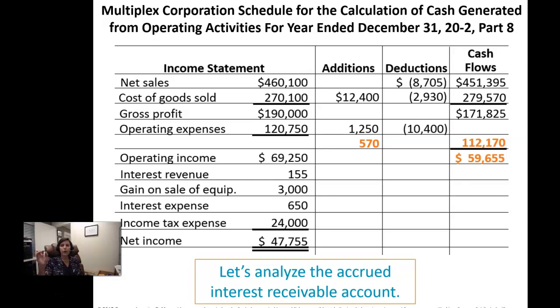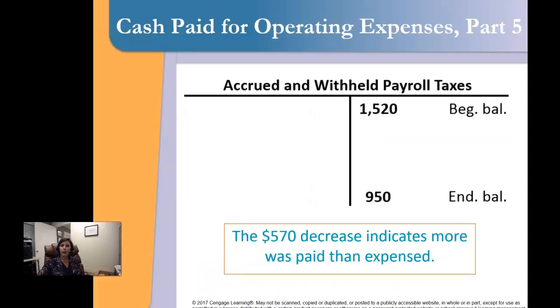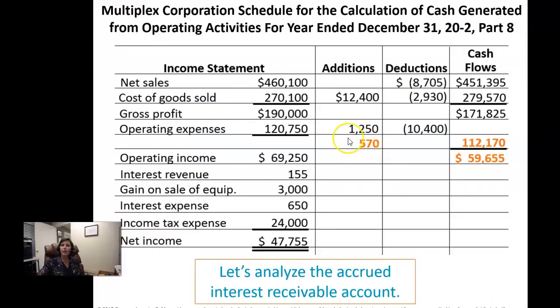So maybe just remembering kind of a rule of thumb. What we were looking at just now is a liability. And if a liability decreases, we're going to give it the opposite treatment here, and we're going to treat it as an addition.